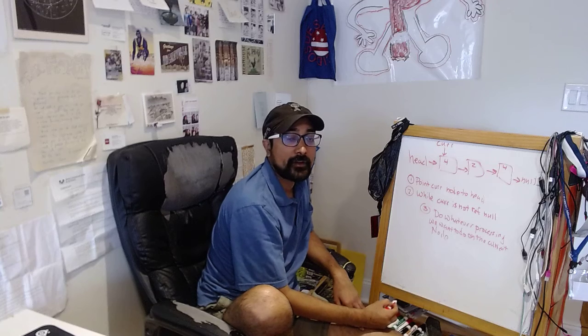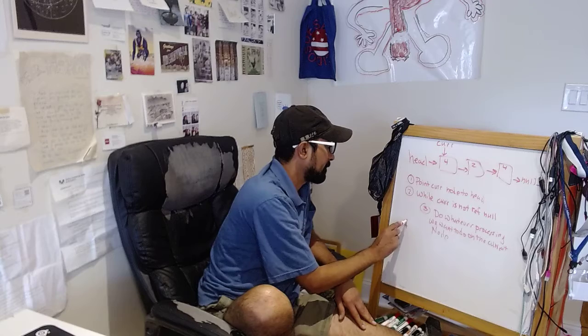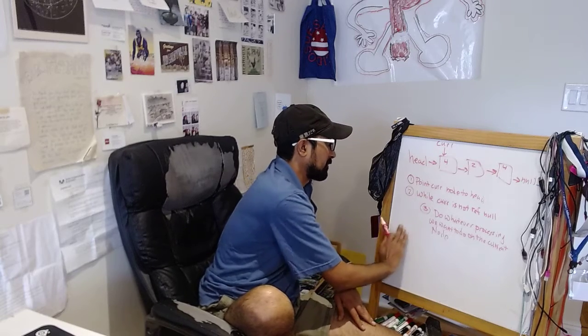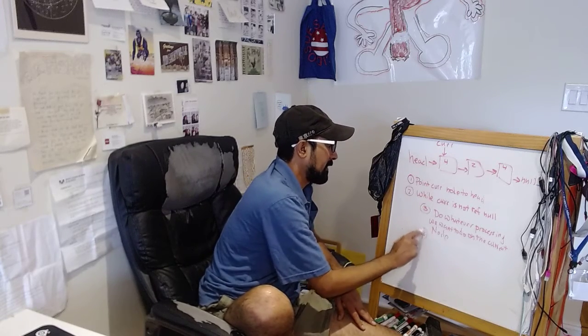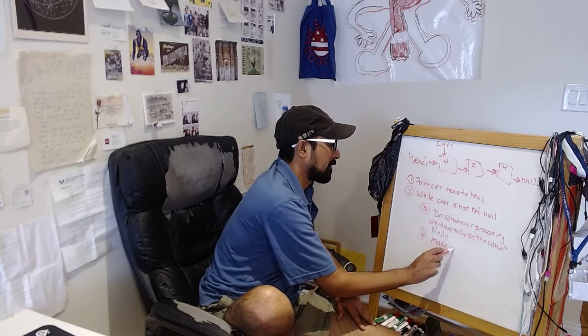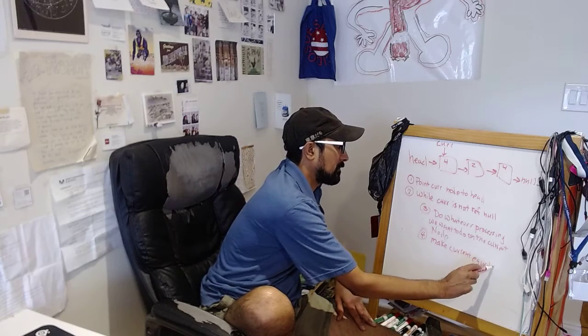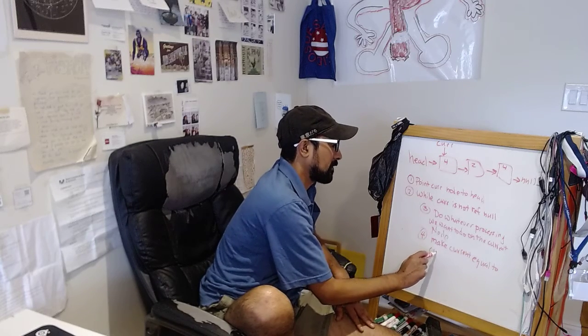Okay, so you do whatever processing you want to do on the current node, and then, we're still in the while loop, sorry. Then you make current equal to current's next.